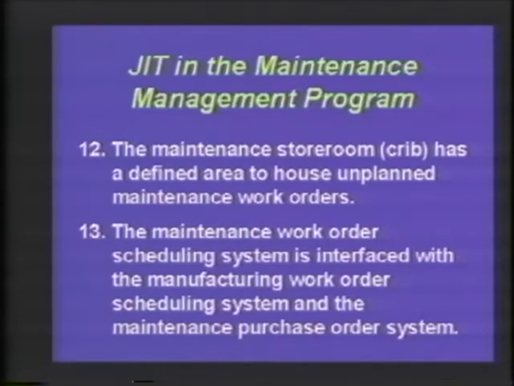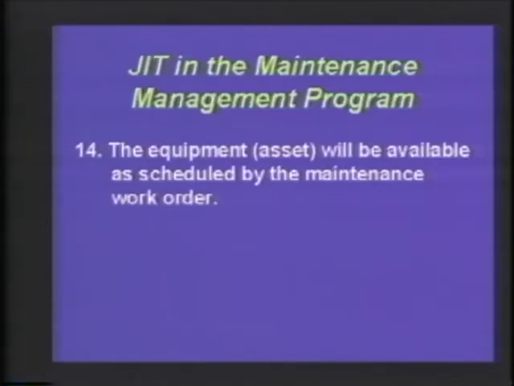In other words, they're totally commingled with each other. This is accomplished through CMMS, the integration of the various modules. 14, the equipment asset will be available as scheduled by the maintenance work order system. When you do that, you're going to be world class. That is world class in my book.